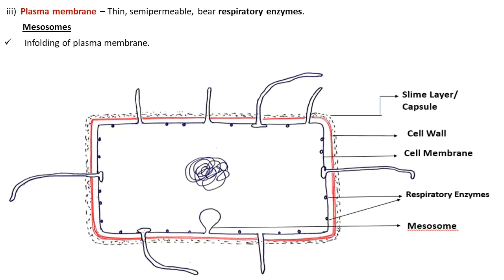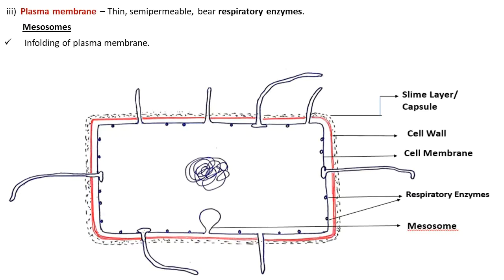Repeating, a special membranous structure of the cell membrane is called mesosome. Means it is the ingrowth from the cell membrane, and this mesosome may be in the form of tubules or vesicles.